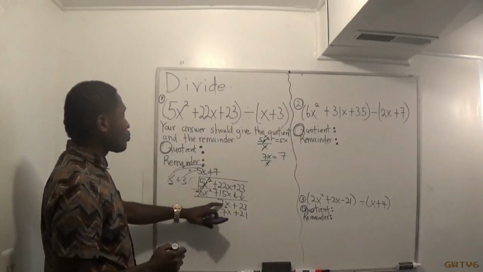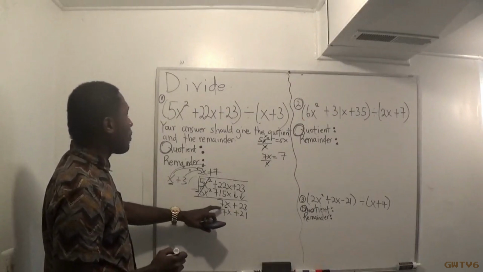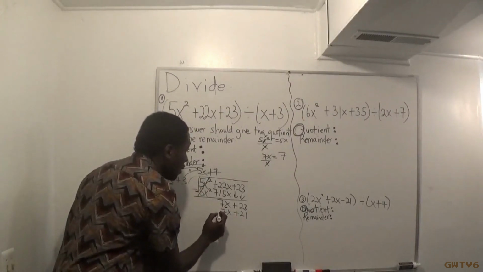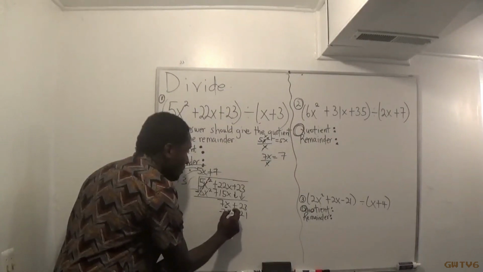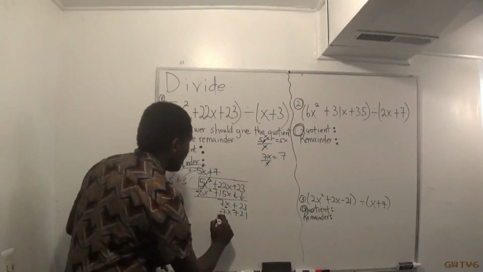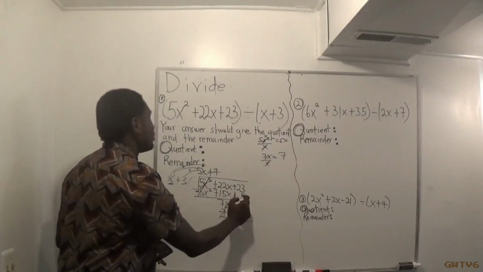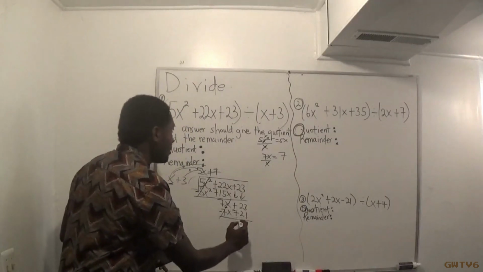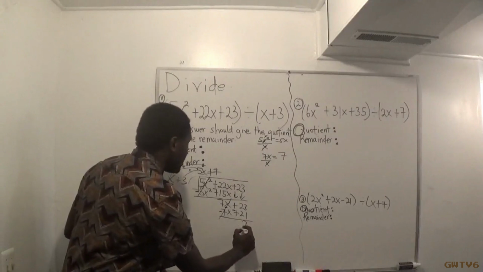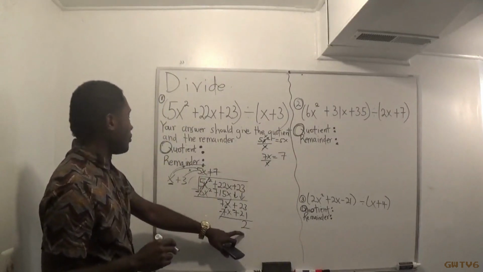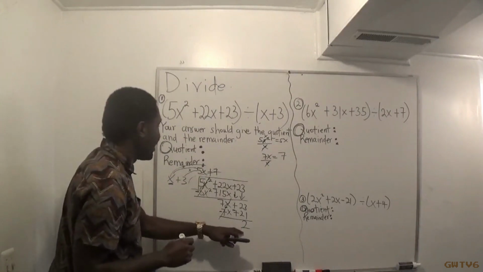I always want the first one to cancel. They're both positive, so I have to make one negative. So I make this a negative, and whatever I do here, I have to do the same thing right here, so I subtract here also. Now 7x minus 7x will cancel. 23 minus 21 is 2. And now I can't go any more, so I stop right here.